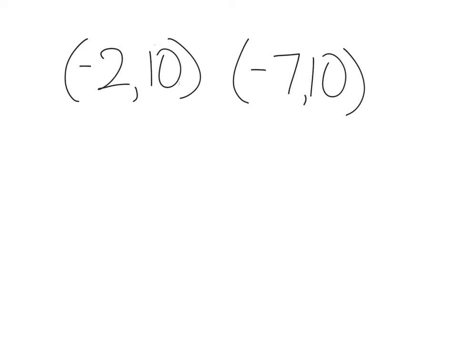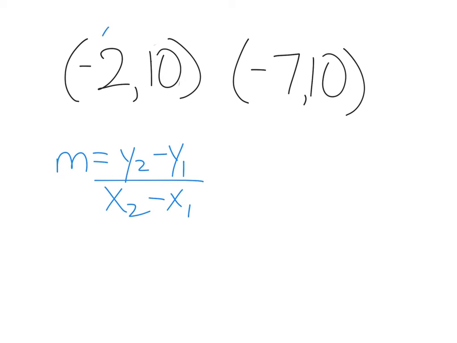So let's see what happens if I do the exact same thing. If your instruction says find the slope given the slope formula, that formula again is y2 minus y1 over x2 minus x1. So here is your x1, y1, x2, y2. Let's substitute.